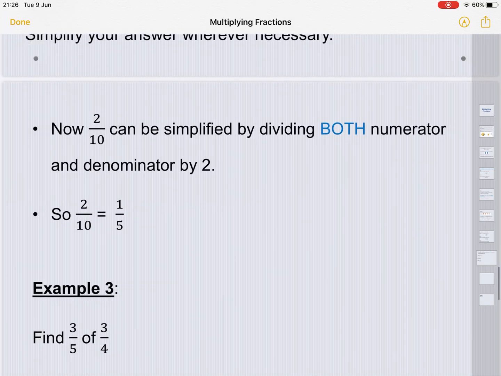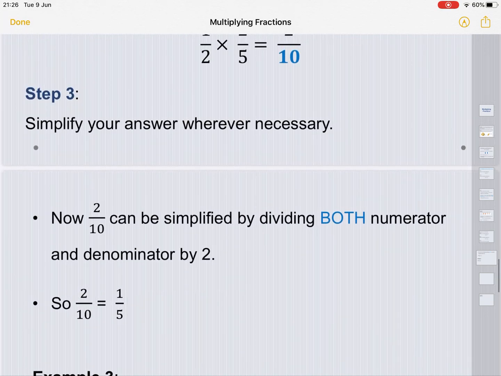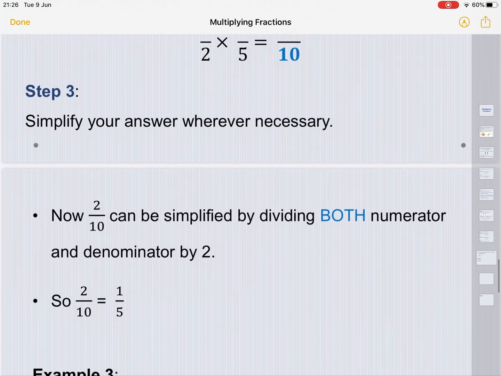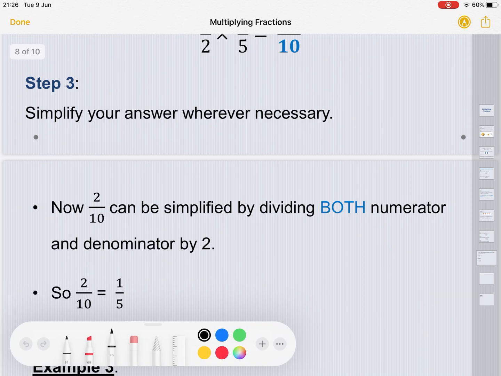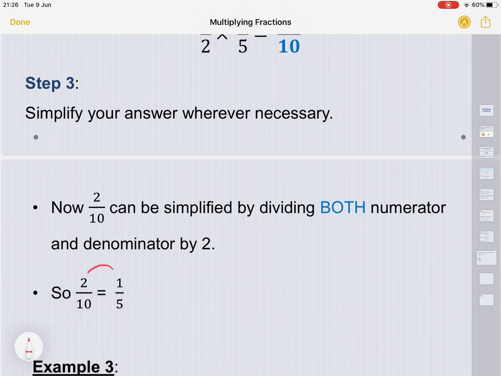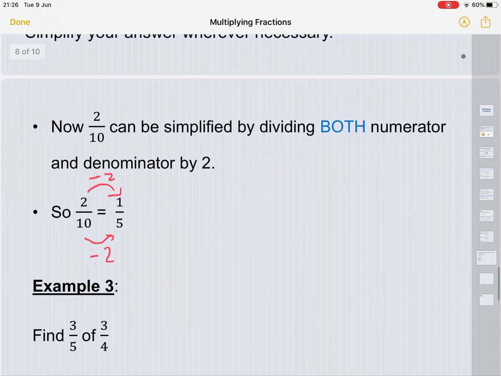So 2/10 becomes: the numerator divided by 2 is 1, and the denominator divided by 2 becomes 5. So the simplified answer is 1/5.